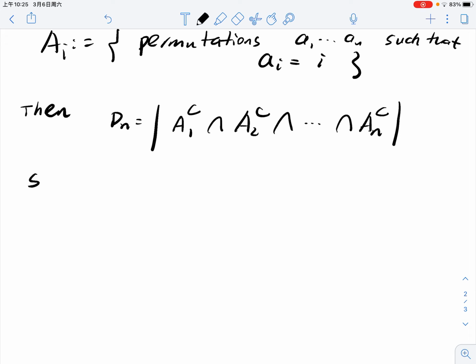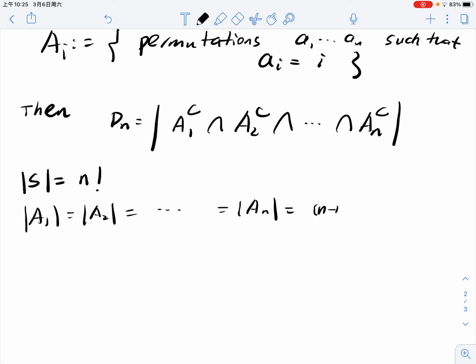Next we compute the cardinality of each subset appearing in the formula. First, the cardinality of S is n factorial. The cardinality of Ai is n minus 1 factorial, because you fixed the ith element and all the remaining ones are free, so you can view it as a permutation of n minus 1 elements.